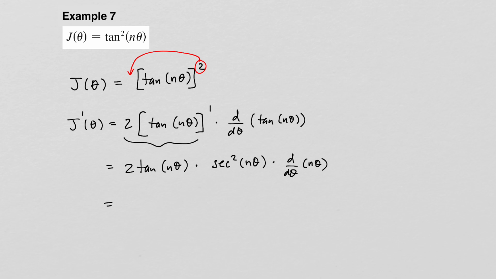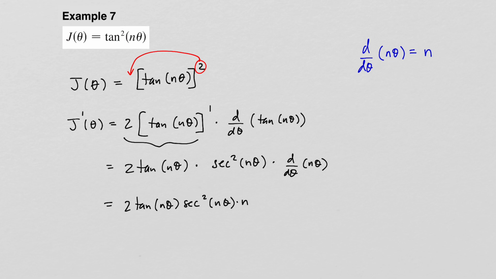And so what we have here is 2 tangent of n theta times secant squared of n theta, and then multiplied by the derivative of n theta. Now, if you recall in our previous problem, the derivative of n theta with respect to theta should just be n.